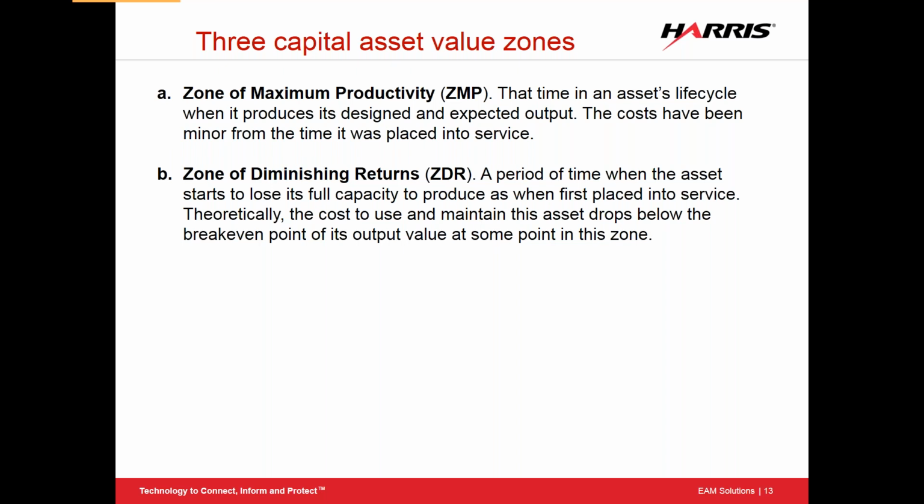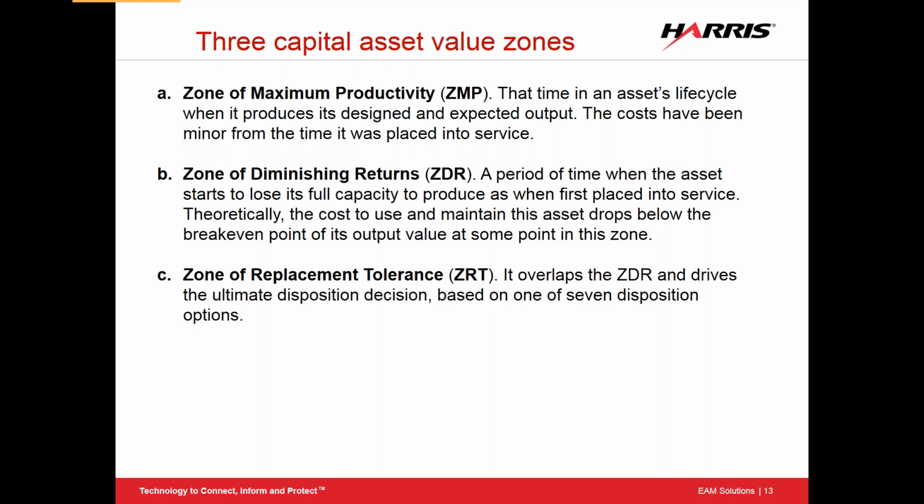So I want to explain how management may approach each one differently, again, based on things like available cash flow, for example, that would determine what you would be able to do at any point in time. So let's say you get into the zone of replacement tolerance. It's EOL, end of life. Maybe you can limp along a little bit longer.